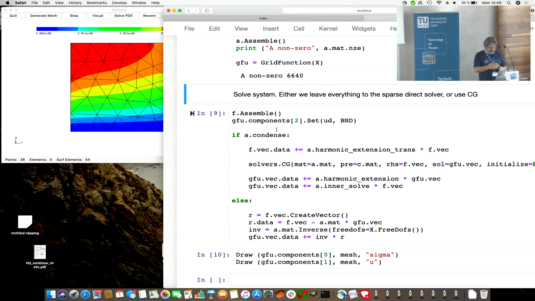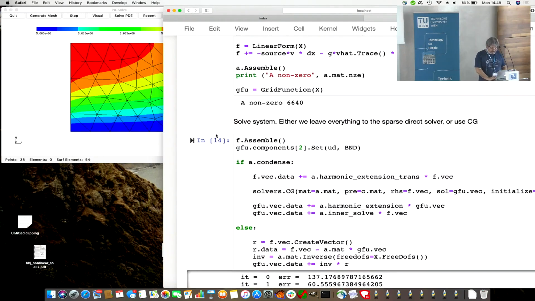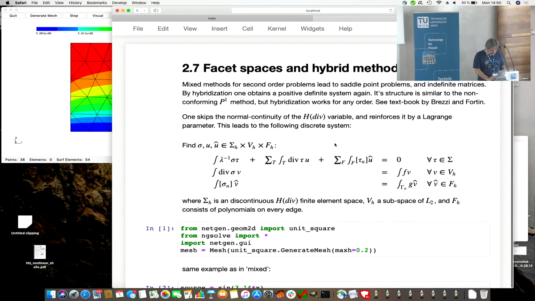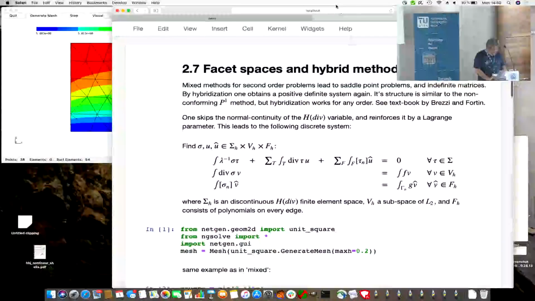And with the condensed system, it has only degrees of freedom sitting on the edges or faces, which gives a positive definite matrix, so we can use a conjugate gradient iteration. Harmonic extension, as we have seen in the static condensation chapter, now recovers the U and the sigma variable inside. Okay, it's a very interesting old trick, going back to the 60s, and very easily implemented also in NGSolve.